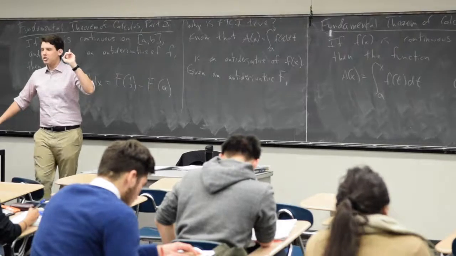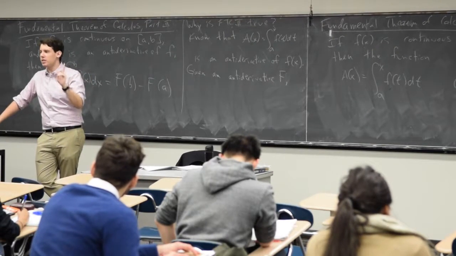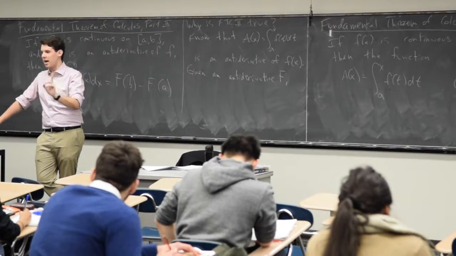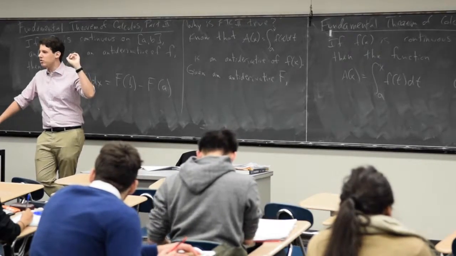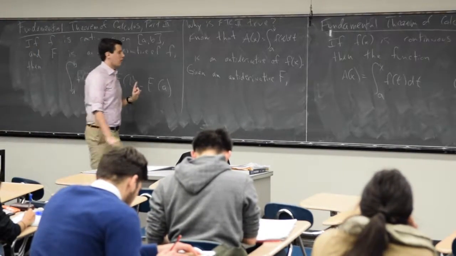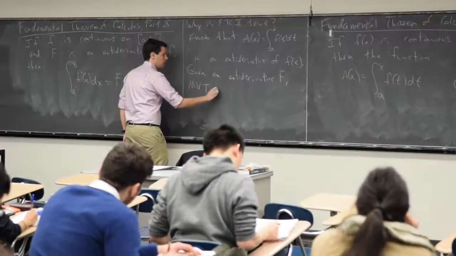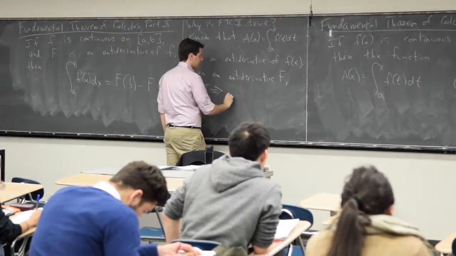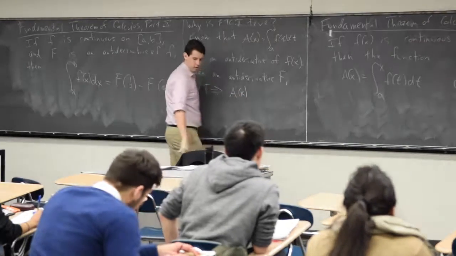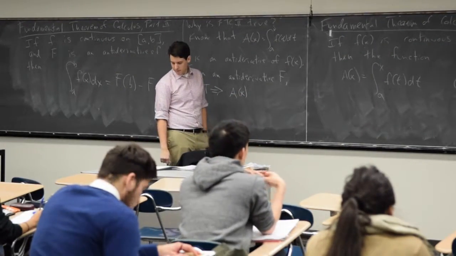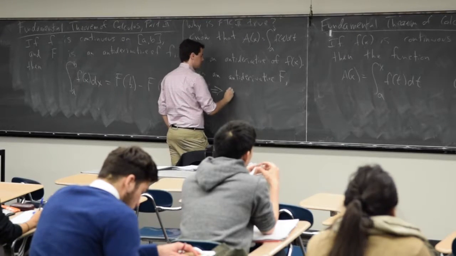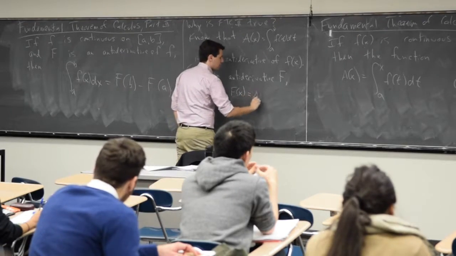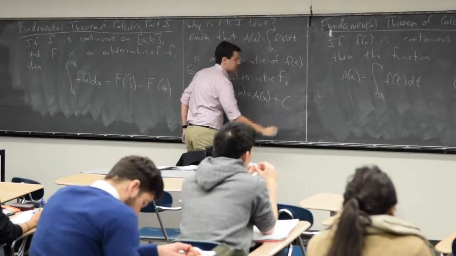We saw that two antiderivatives of a function have to differ by at most a constant. We saw that was due to the mean value theorem. Right? So the mean value theorem shows that F of x equals A of x plus some constant C.